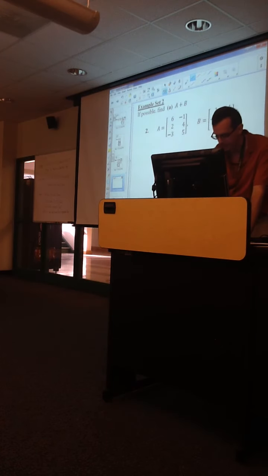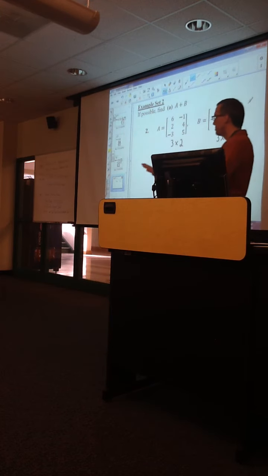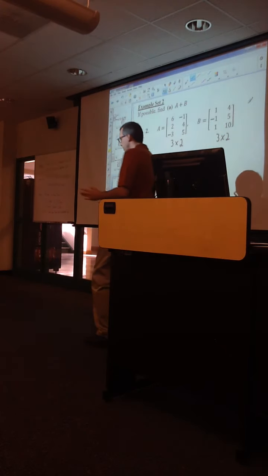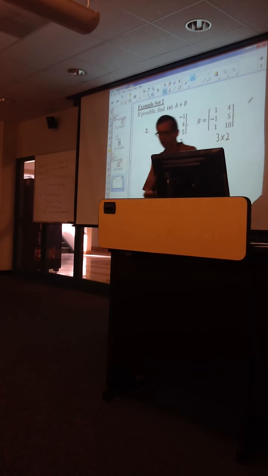And notice the size of these matrices. How many rows? They're equal, because there's 3. So it's a 3 by 2, right? They're both 3 by 2 matrices, so they're the same size, right? As long as they're the same size, they have the same number of rows, same number of columns. Therefore, because they're the same size, I have the ability to perform these operations on them.